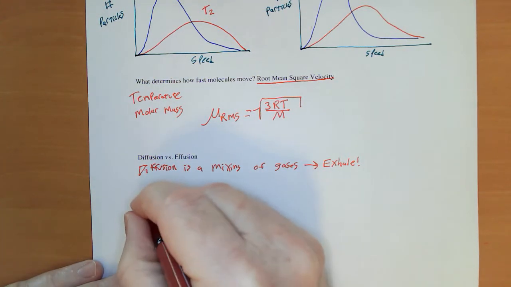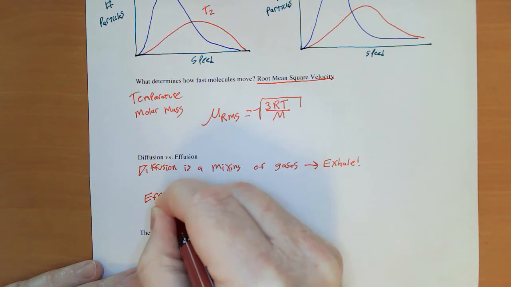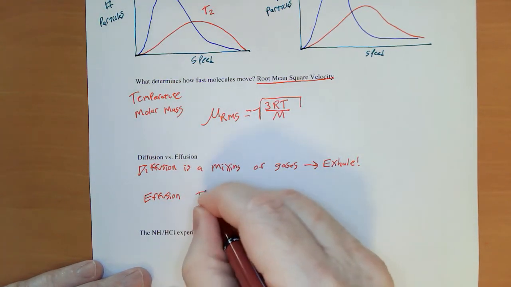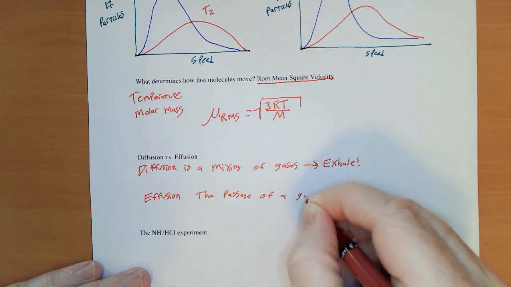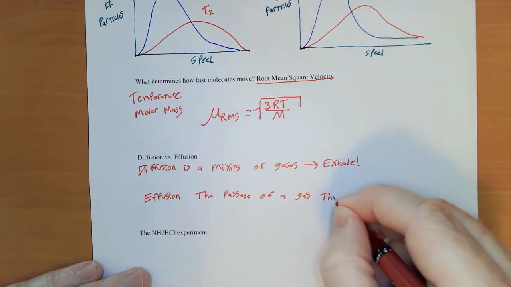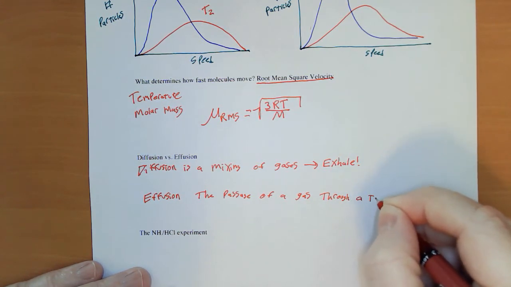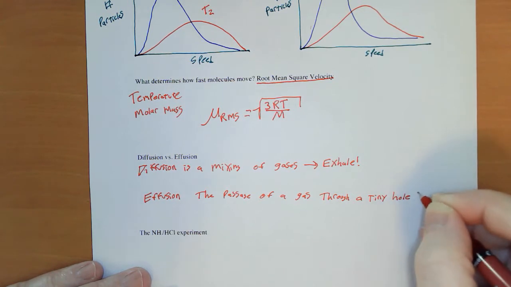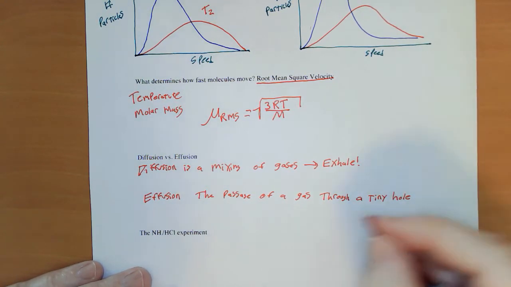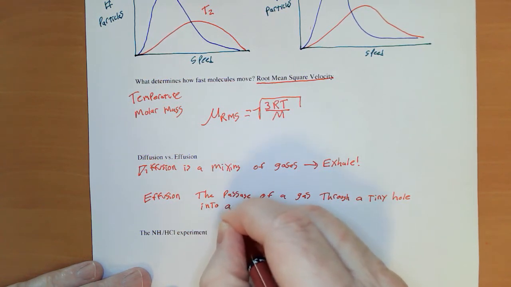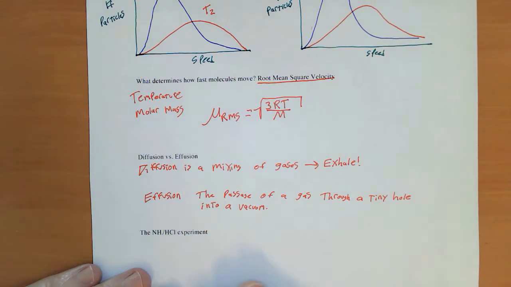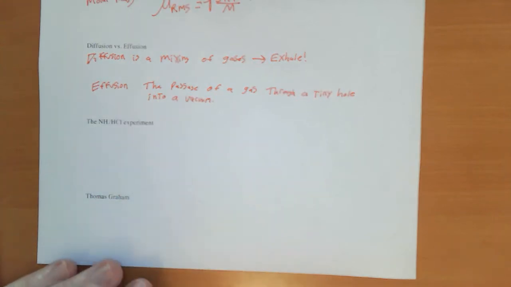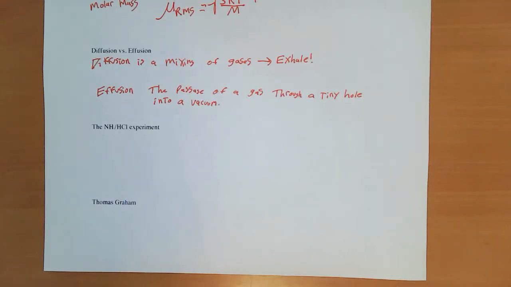But effusion is the passage of a gas through a tiny hole into a vacuum. So if you were out in outer space, okay, and there was a small pinprick in your spacesuit, that gas would be effusing.